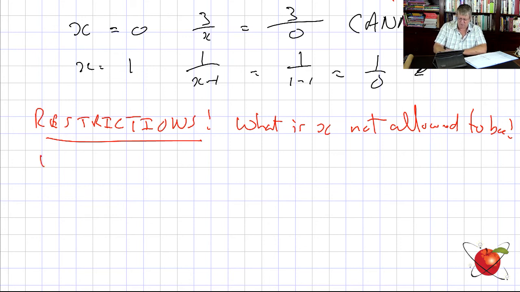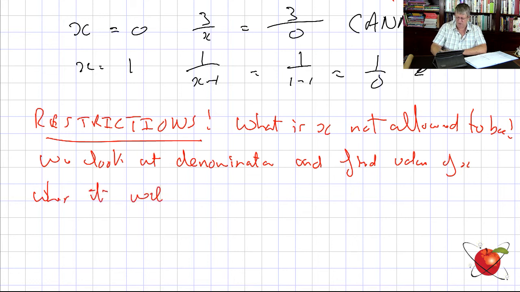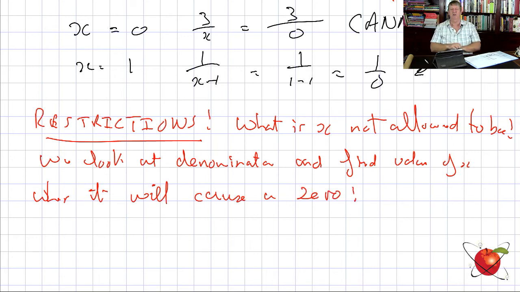We look at the denominator and find values of x where it will cause a 0. So we look at the stuff in the denominator and we find the values of x that will cause a 0. Right?